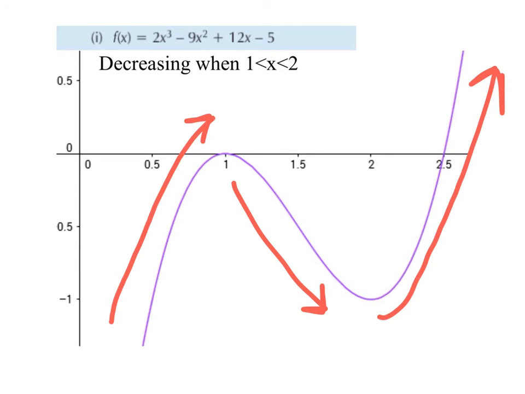So we're interested in where it is decreasing, and we found it to be when x is greater than 1 and x is less than 2, and it's very obvious to see that in between the points x equals 1 and x equals 2 on our x-axis, we have a decreasing section of our function.